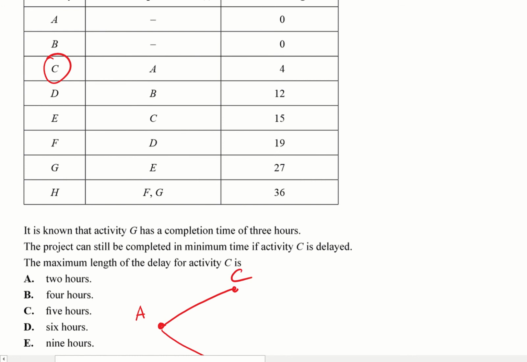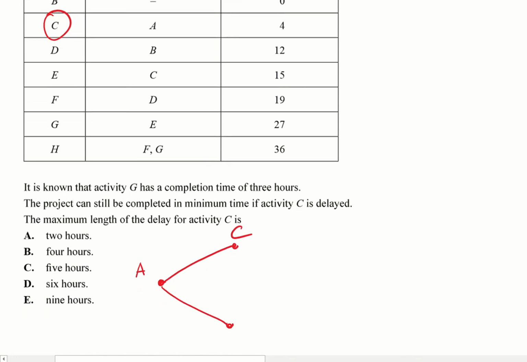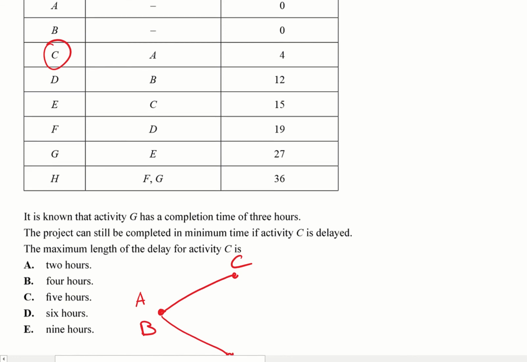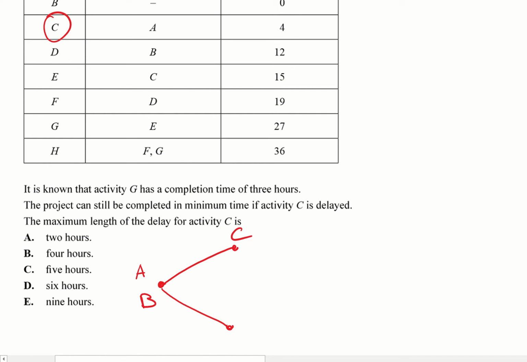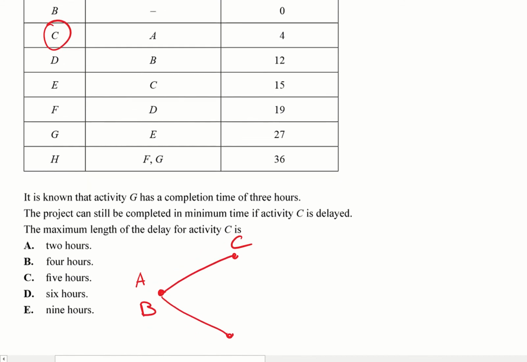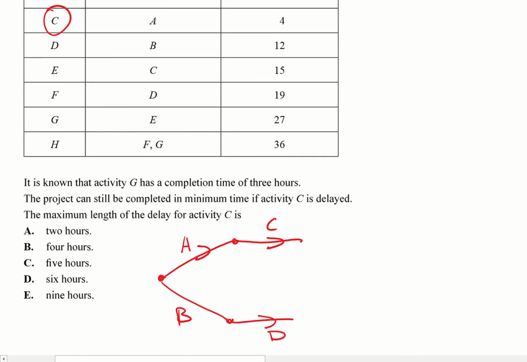So C needs to start with A. I've got B. I'm actually going to draw it like that. So that's activity C there, and that's going to be activity D, because activity D comes off B.